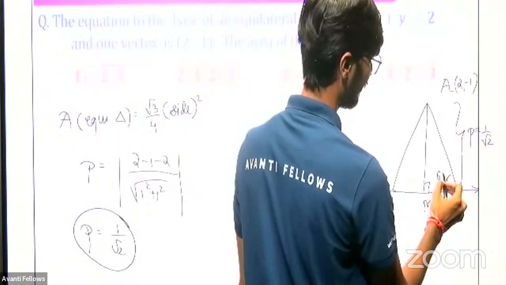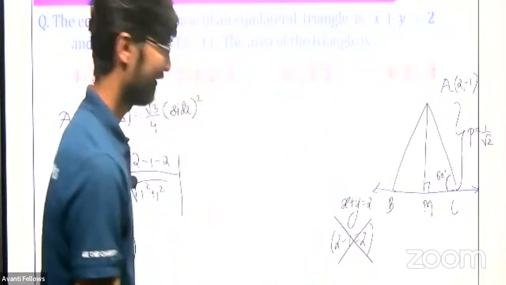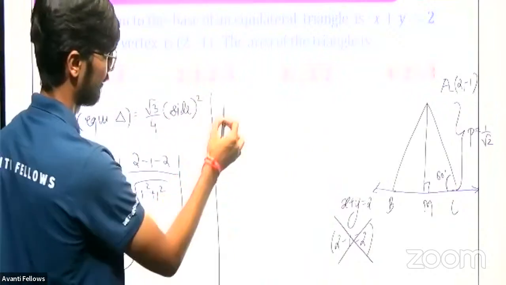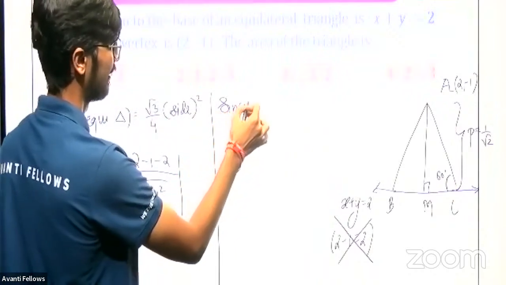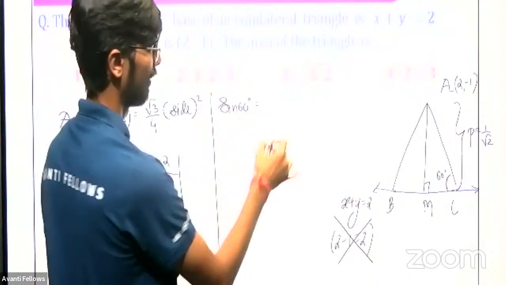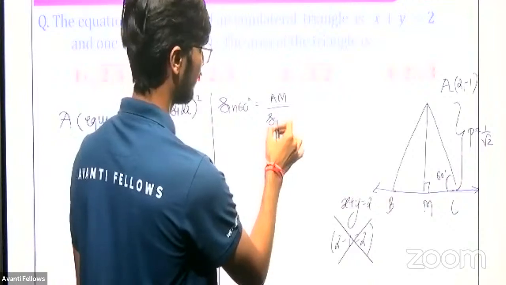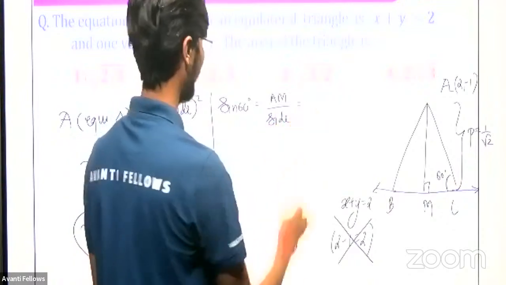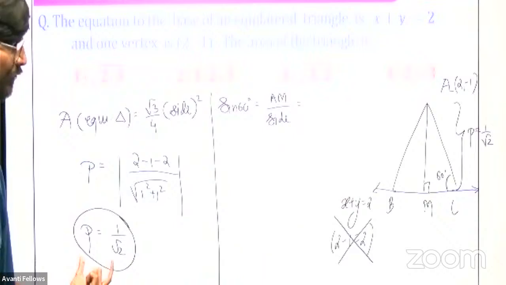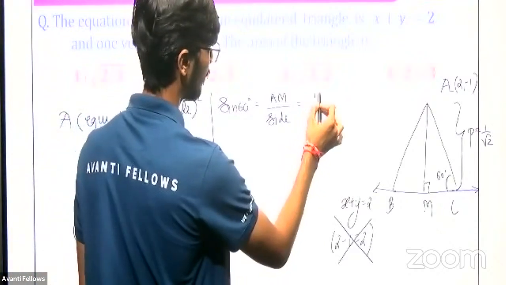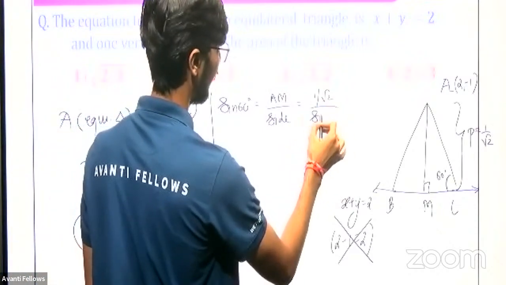This is 60 degree. So if I use sine 60 degree here, I'll get the side. So sine 60 degree is equals to opposite, which is AM upon hypotenuse, which is the side length. So we have the value of AM, it is P, which is 1 by root 2 upon side.